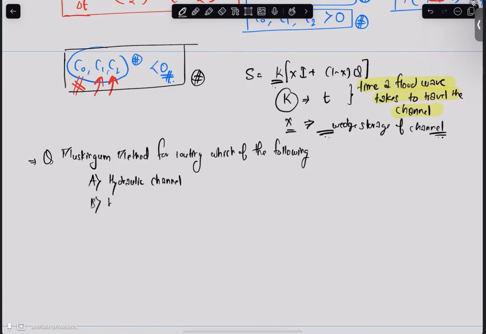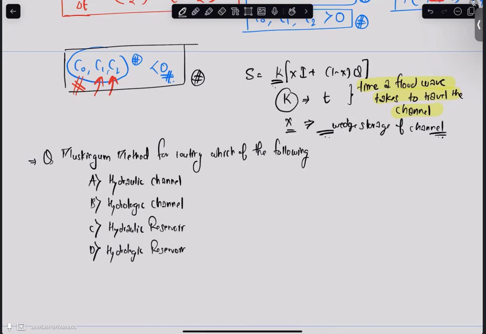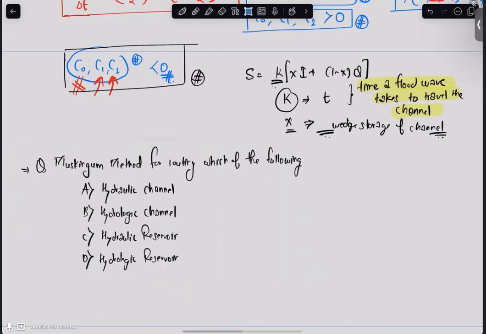Option B, hydrologic channel. Option C, hydraulic reservoir. Option D, hydrologic reservoir. So now is the time to pause the video and look at these options and let me know what is the answer.